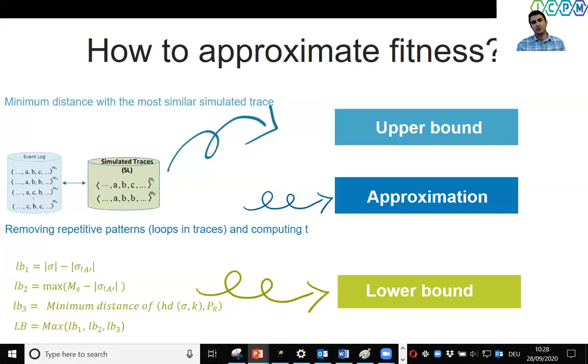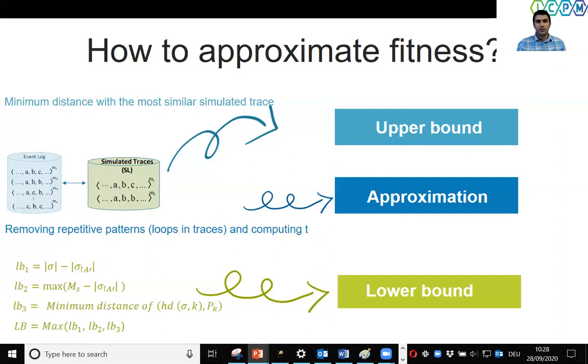Another lower bound is computed by comparing the length of the projected log trace and the length of the shortest trace in the model. If the projected log trace is shorter, it is clear that we need at least some insertions to have a trace with the length of the shortest path in the model.